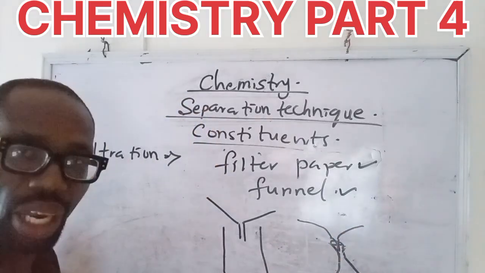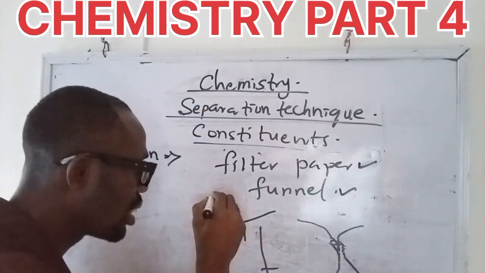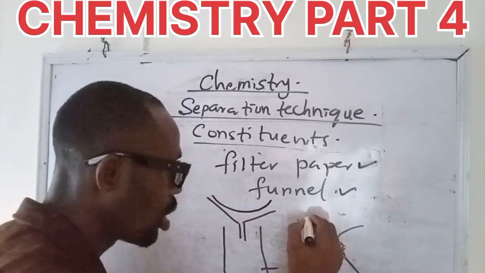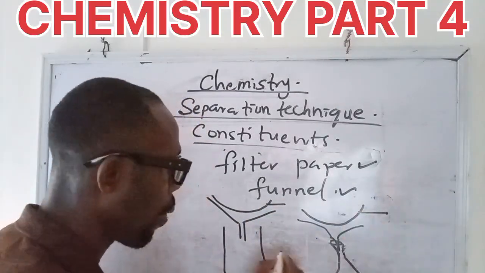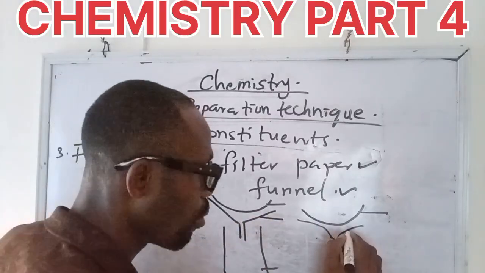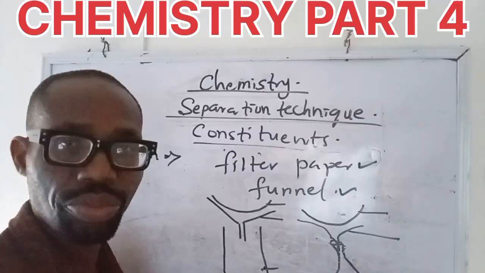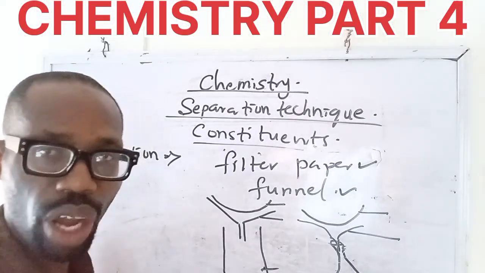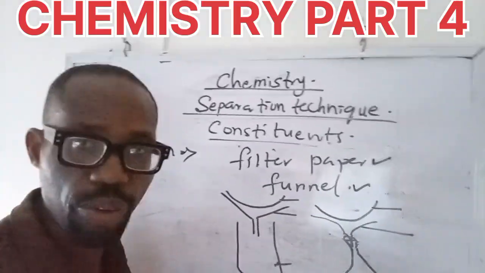These are just collecting containers. But the most important thing is this one here. This is the filter paper. This is the funnel. These two, whether a beaker or a conical flask, are the collecting container.